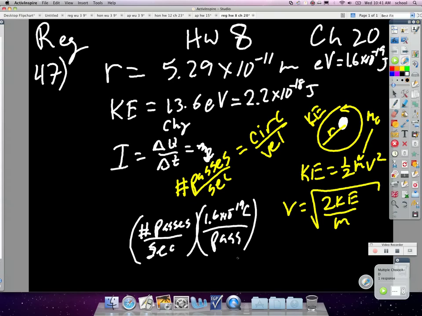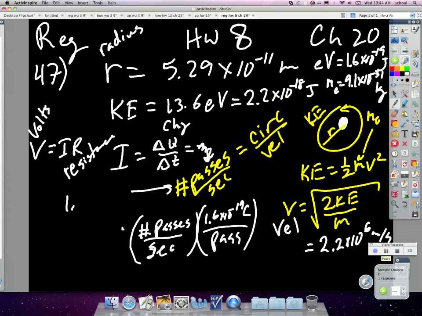They give you R, so couldn't you just find the velocity? So we got 2.2 times 10 to the 6 meters per second by using this mass and this kinetic energy. Then, in order to find the passes per second, I take the circumference using this radius and divide by the velocity.